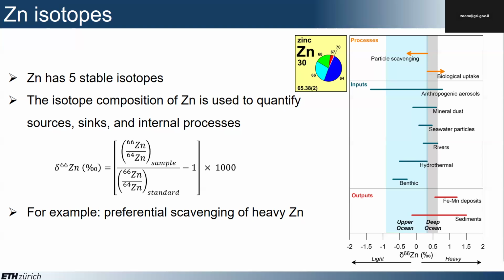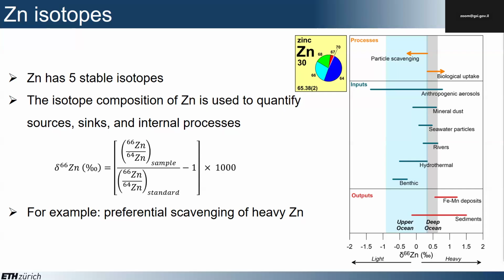In this example right here, this is a broad estimate of the known inputs, outputs, and processes that control oceanic zinc. Delta zinc is at the bottom here. We can say, for example, if we take the process of particle scavenging, particle scavenging leaves a certain fingerprint on the isotope composition of zinc.